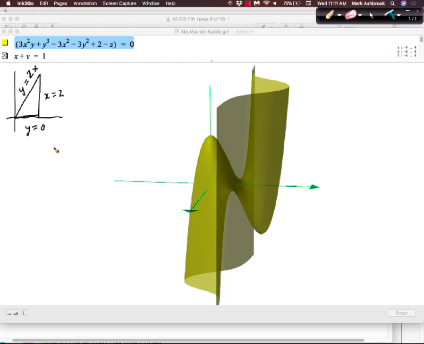Say this is some real world problem where it only makes sense to talk about when our ordered pair of x and y is in this region or on the boundary of this region.